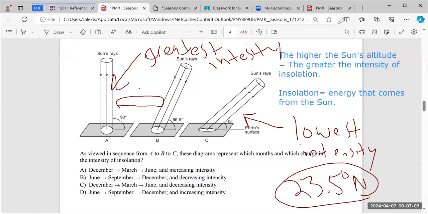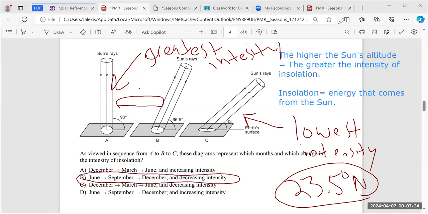And during the wintertime, I'm going to get the lowest intensity. So which option shows that during the summer I get the greatest intensity, and during the wintertime I get the least intensity? It's going to be choice B.